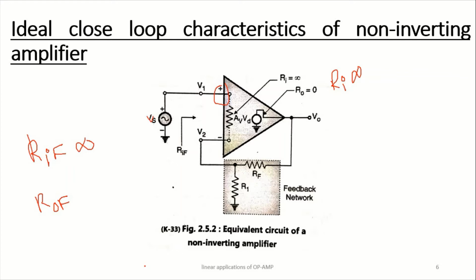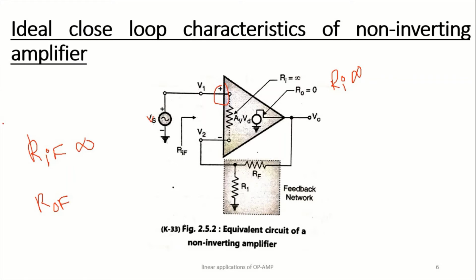For the inverting amplifier, the RIF value is R1, the resistance connected at this input side. This is the advantage of using a non-inverting amplifier. Means the disadvantage of the inverting amplifier is eliminated in the non-inverting amplifier.